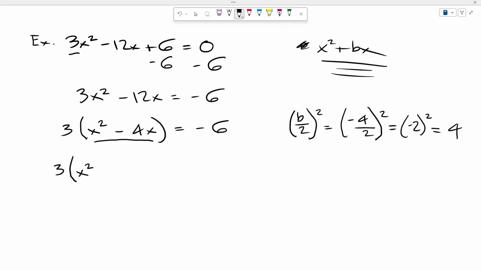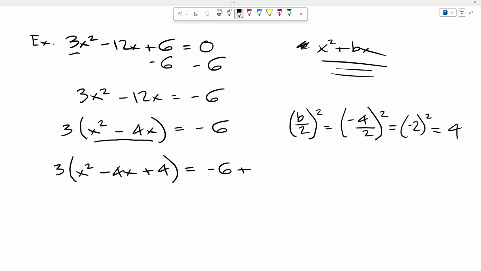So just like we did before, x squared minus 4x. So now we determine 4. That is what is getting added on here. And that equals negative 6. And then here's another point where we have to be careful. So remember we said that what we have to do to the left, we have to do to the right.